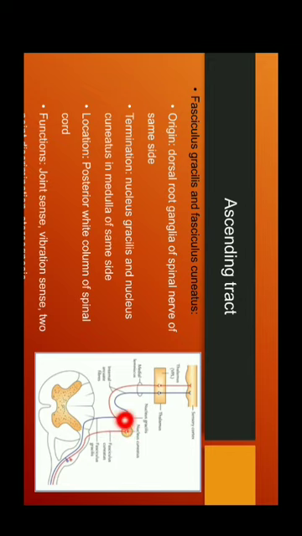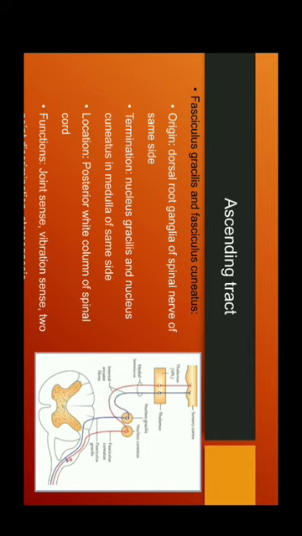After the relay in this nucleus, the fibers cross to the opposite side. This crossing happens in the medulla oblongata and is called the sensory decussation because these are sensory fibers.